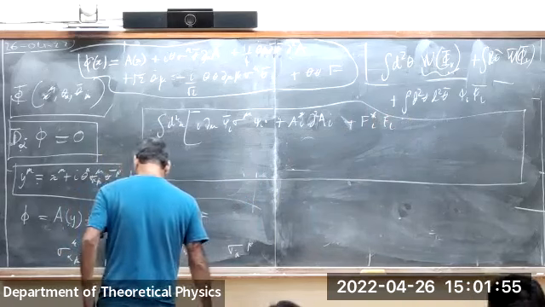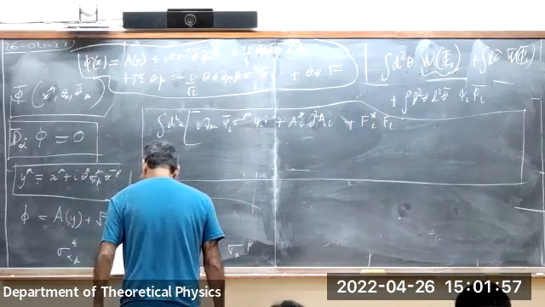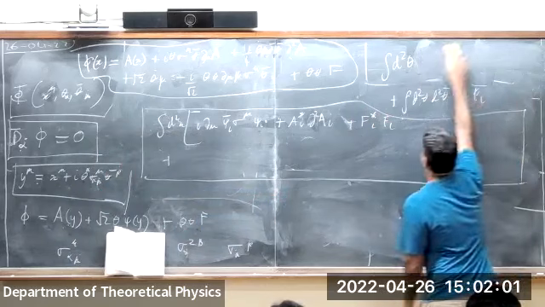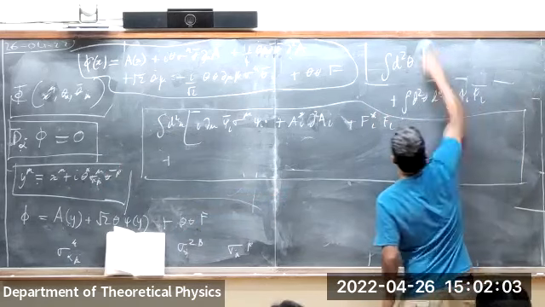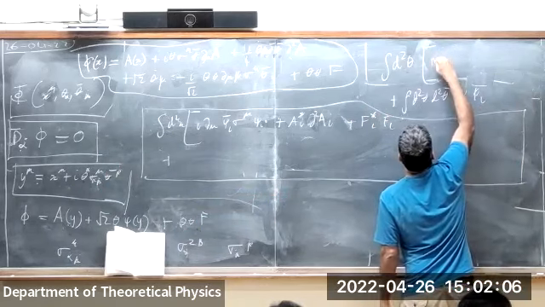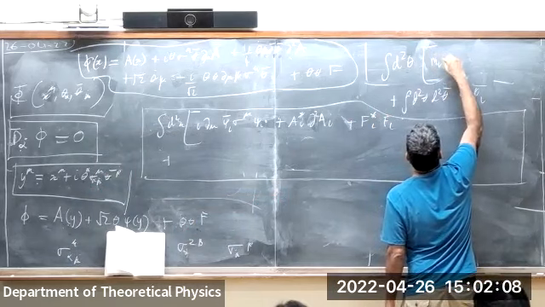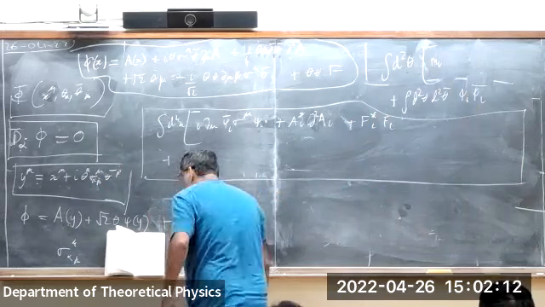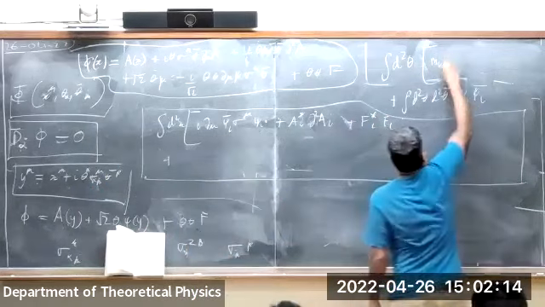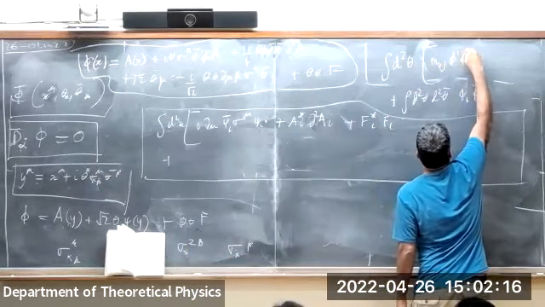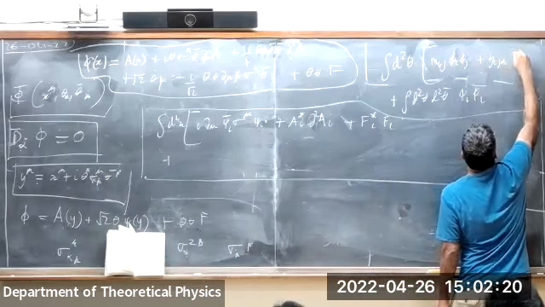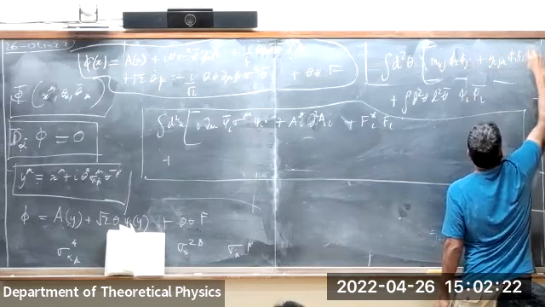Okay. Plus, oh my God. Okay, now I have to. He restricts to the special case of m_ij phi_i phi_j plus g_ijk phi_i phi_j phi_k.